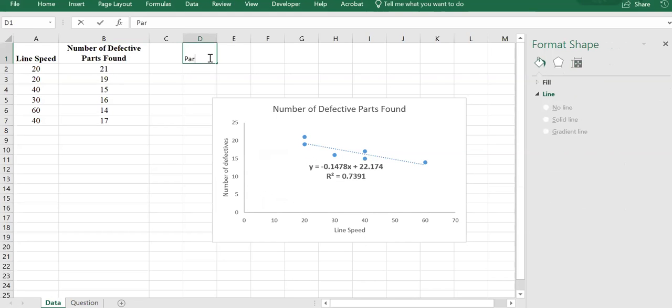So part A, there is a negative relationship between line speed and number of defectives.